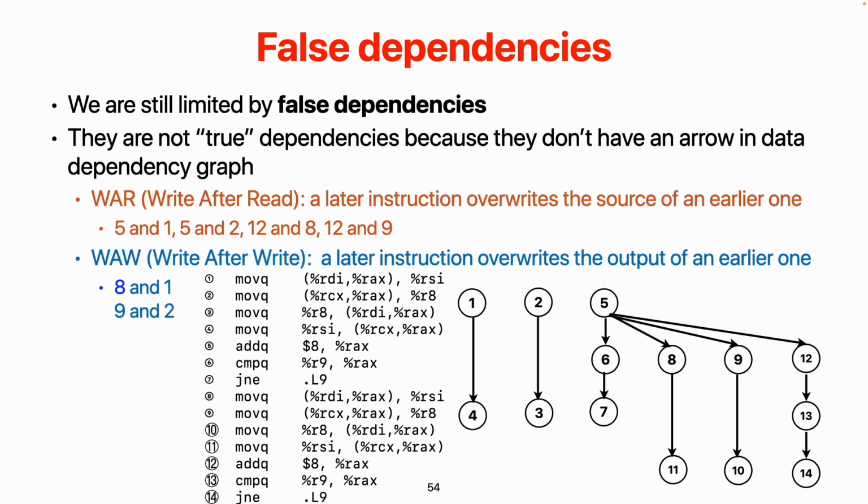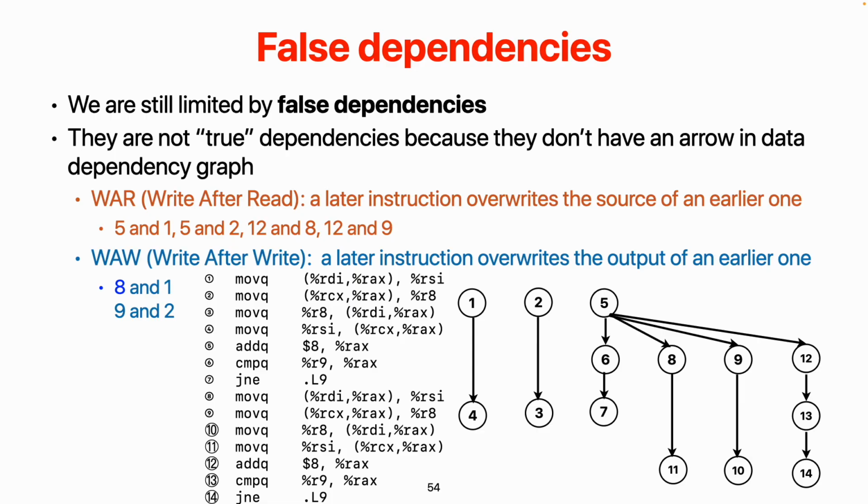As you can hear, the reason why there is only a very limited number of pairs that we can reorder, even though they don't seem to have data dependency in the graph, is that we keep hearing "because of RAX, because of RAX." The reason is that they fall into one of these situations.